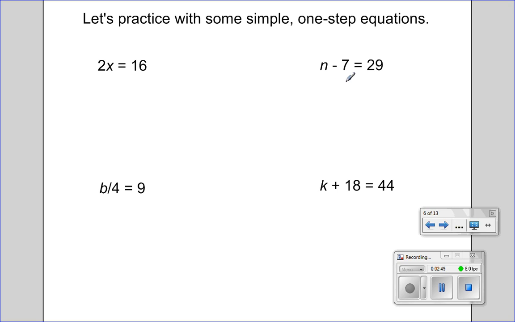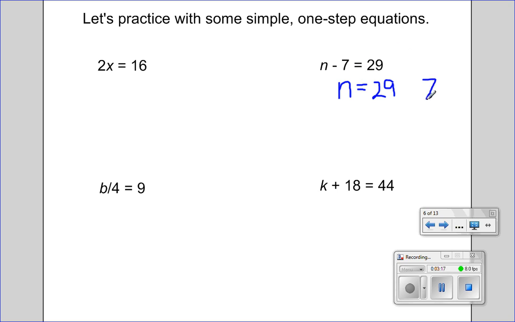We've got n minus 7 equals 29. So what I'm going to do is leave n on the left. I'm going to leave 29 on the right side. But now I'm going to move the 7 to the other side.